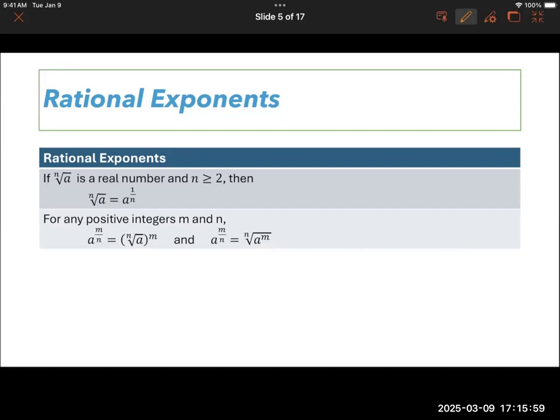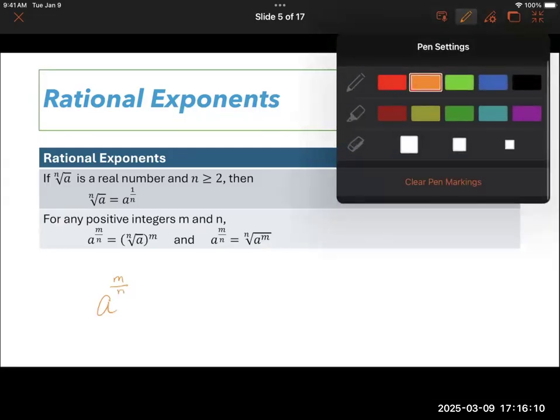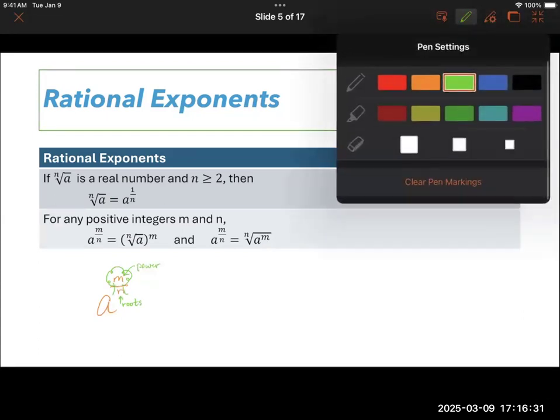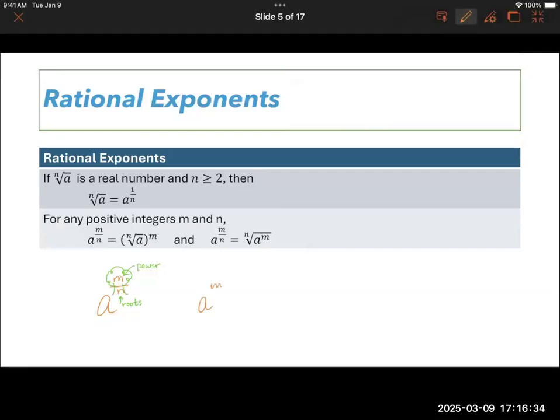And so in this case, I like to say that if I have a to the m over n, I think of the fraction like a tree. And so the n in the bottom of a tree is where the roots are. And then the top of the tree is where the power is. So if you are talking a to the m over n, we're talking an nth root of a.